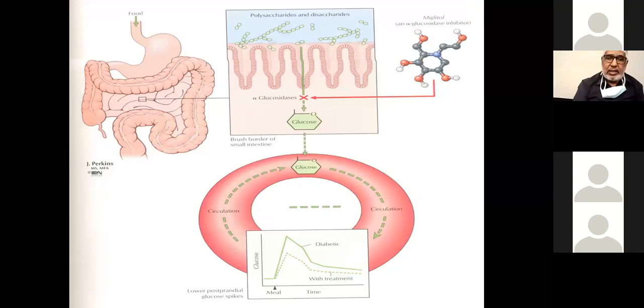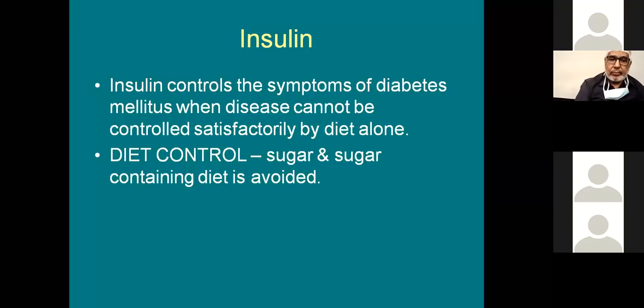When you administer food, there is naturally an increase, a normal physiological action, in blood sugar level. Insulin controls the symptoms of diabetes mellitus, and the disease cannot be controlled satisfactorily by diet alone.